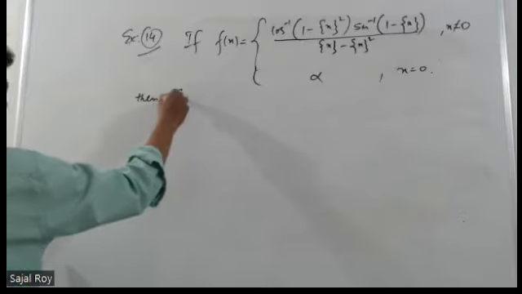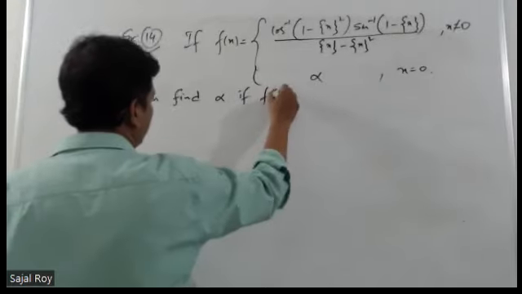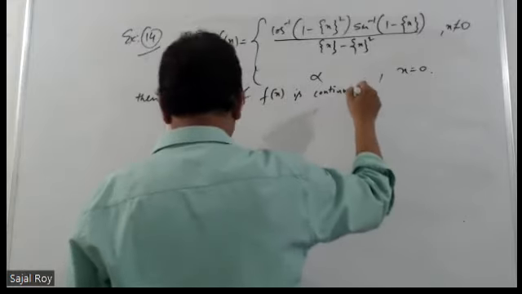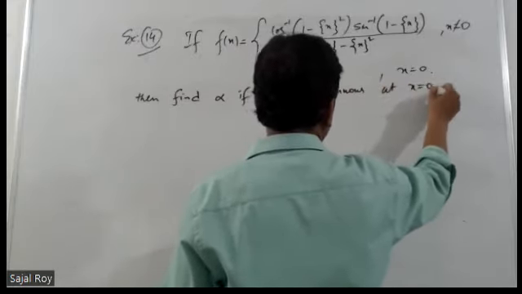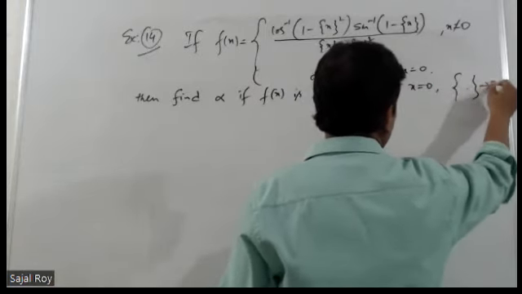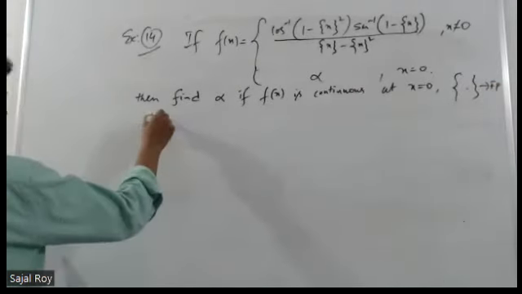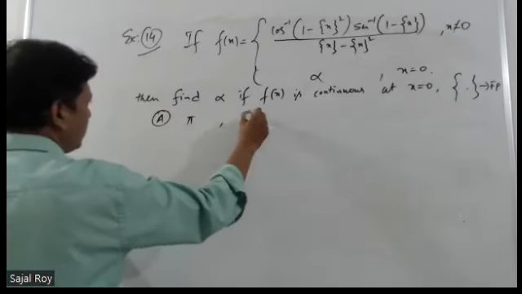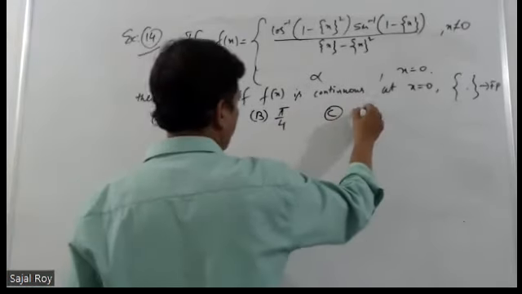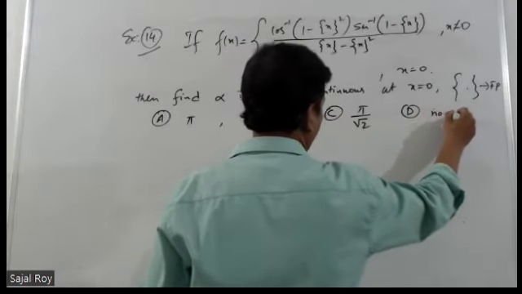Then find alpha if f(x) is continuous at x equal to 0, where within the curly braces this is the fractional part of x. Your options are pi over 4, pi over root 2, no value of alpha.